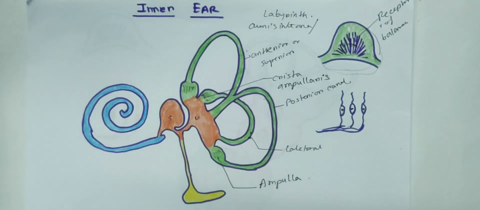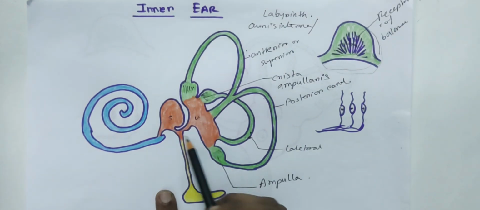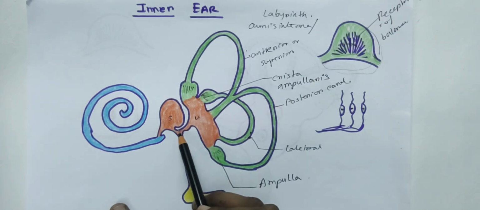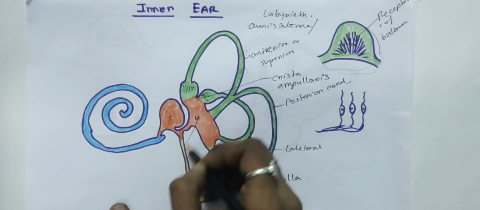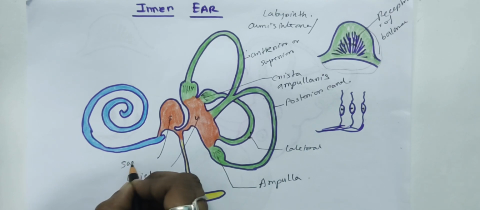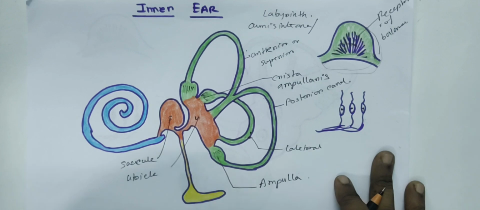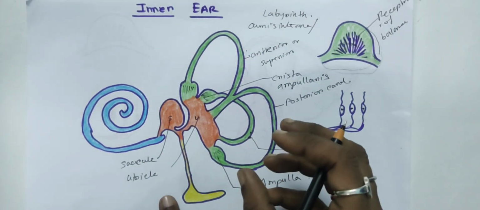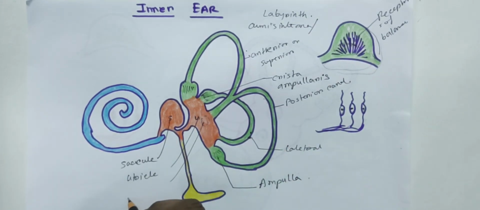Now come to the vestibule, this orange part. This first part is called the utricle, and the second part is the saccule. U for utricle and S for saccule. The vestibule has its own receptors, called macula.